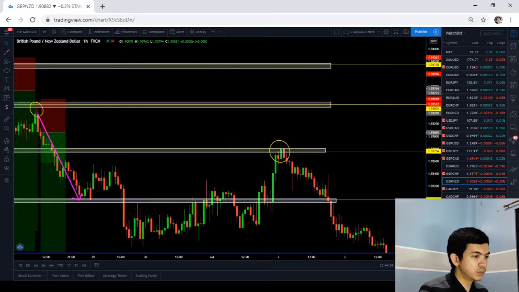Hindi mo na kailangan, teka lang, hindi pa naglalapat tong moving average ko sa RSI, sa MACD, sa stochastic. The more marami kang nilagay dyan, the more you're waiting for more confirmation for a single entry, di ba?